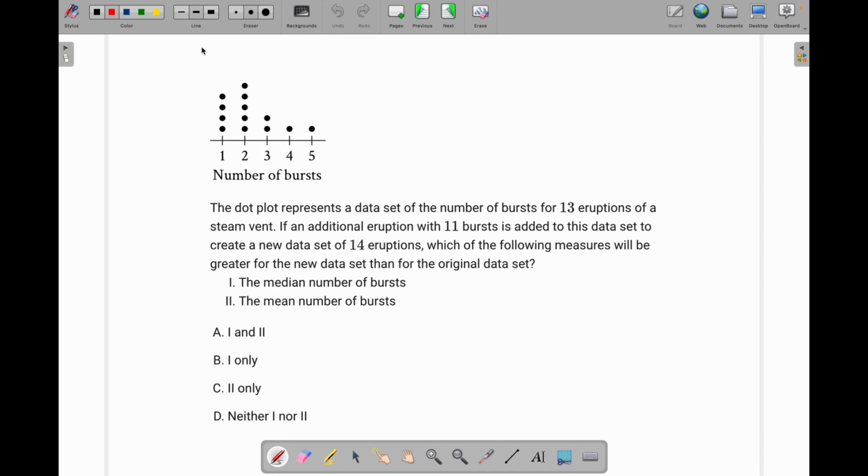So we're having 11 new eruptions to create a new data set of 14 eruptions. Okay, so which ones will be greater?